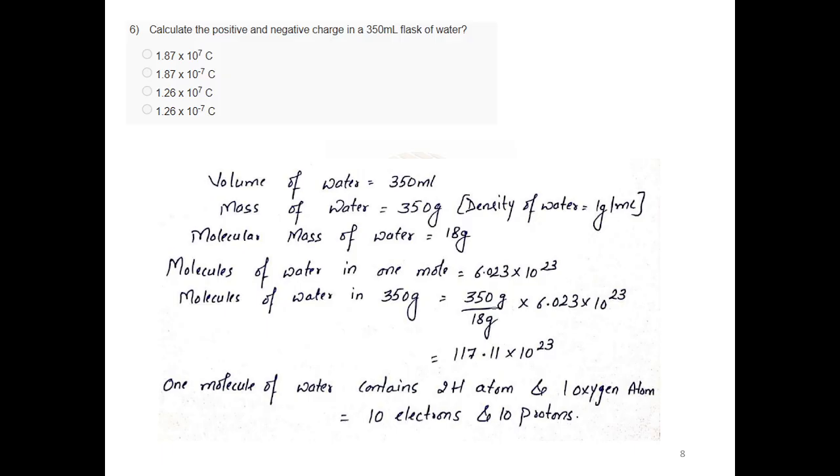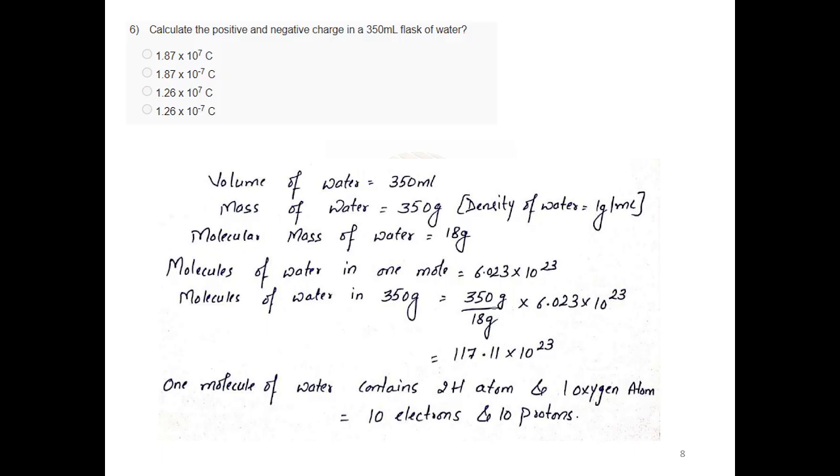Now one molecule of water contains 2 hydrogen and 1 oxygen atom. Oxygen has the atomic number of 8, right? So 8 plus 2, 10 is the total number of protons, and 10 also electrons, because the water molecule is overall neutral.